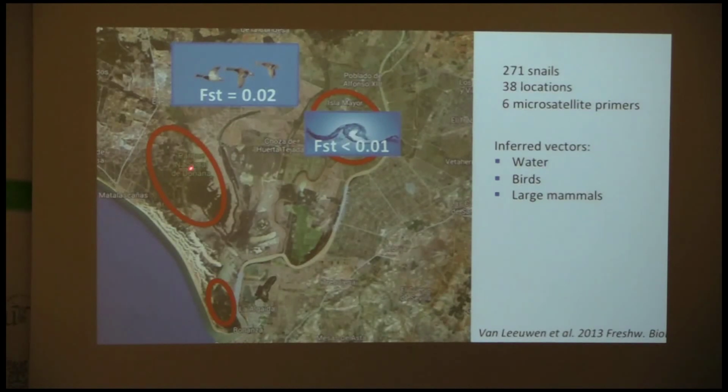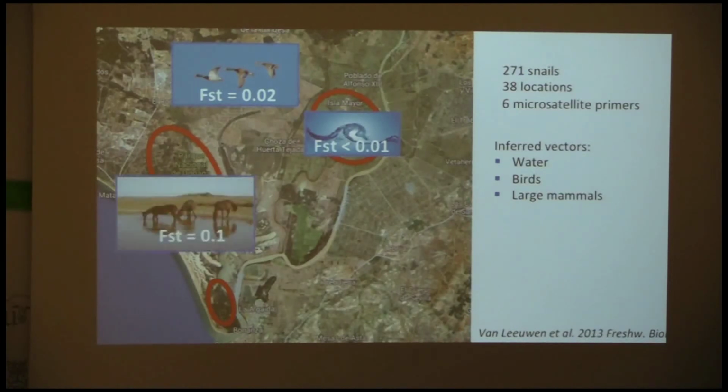But we also found that the ponds, the zacaiones in the north part of the Doñana National Park, were quite genetically similar to the rice fields. Not as much as within the rice fields, but still really similar. That made us think that potentially the snails are transported to these fields and to these zacaiones here. But the populations here didn't really match the genetics here.